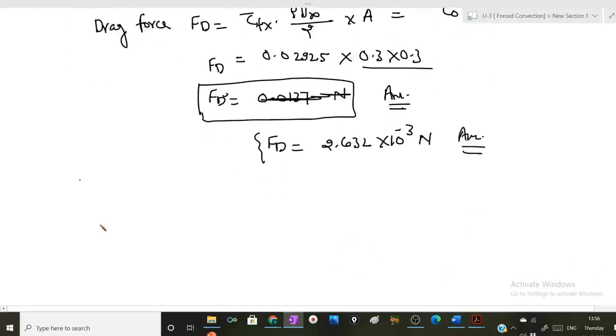And the final thing is mass flow rate. So this formula also I have discussed on that day.